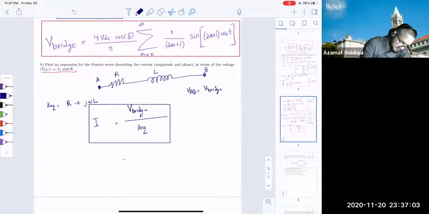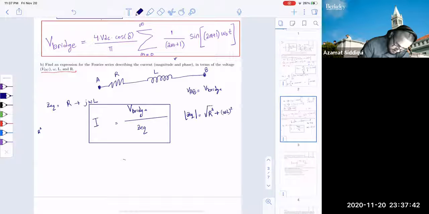What's being asked is to find it in terms of phase and magnitude, which is something we have to think about on how to do. So when you divide V bridge by the equivalent, let's do two things for the equivalent. Let's find the magnitude. The equivalent magnitude just becomes real component squared, which is R squared, plus imaginary component, which is omega L squared.